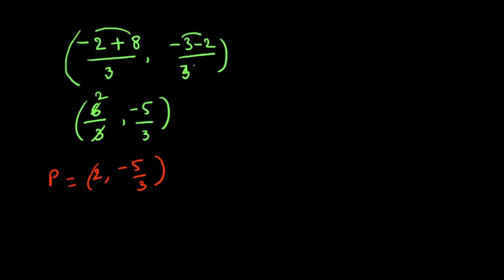Now we should find what Q is also. So Q divides in the ratio 2:1, right? So that point we write now. Q divides AB in the ratio 2:1. So what is AB?